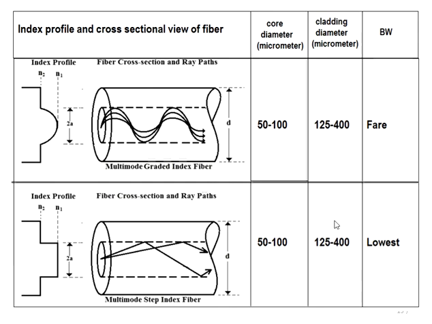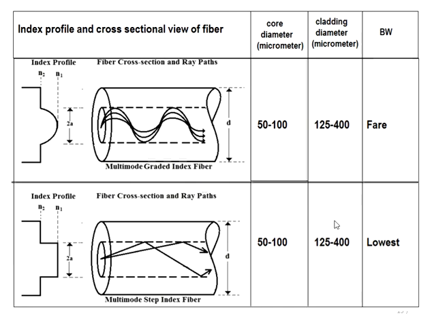The typical core diameter is 50 to 100 micrometer and cladding diameter is around 125 to 400 micrometer. The bandwidth is quite less as compared to the single mode fiber, but it is more than the multi-mode step index fiber.